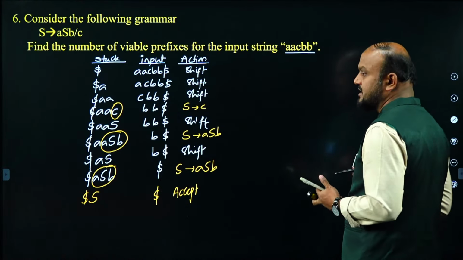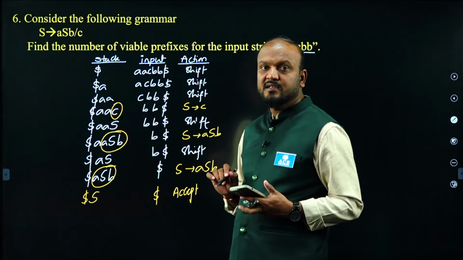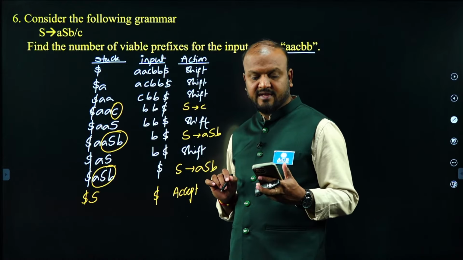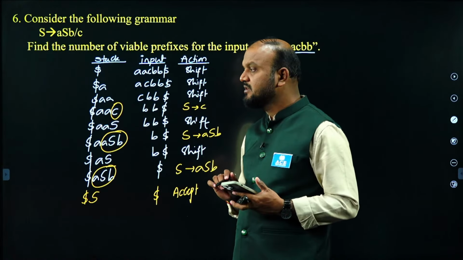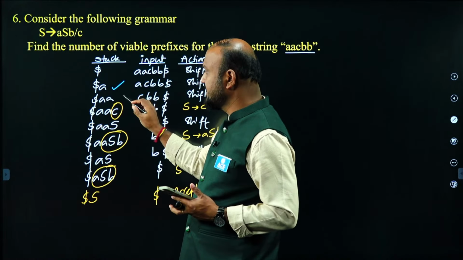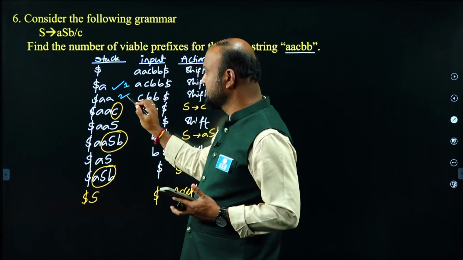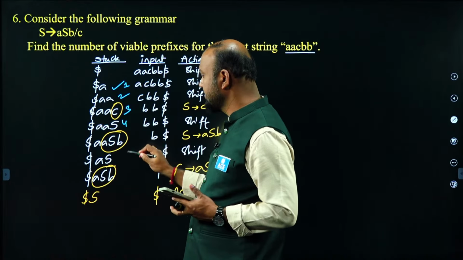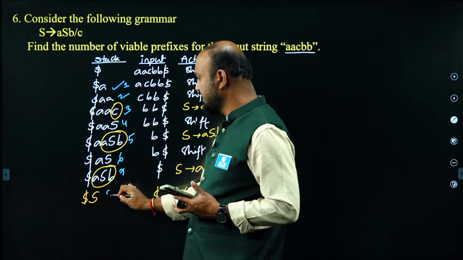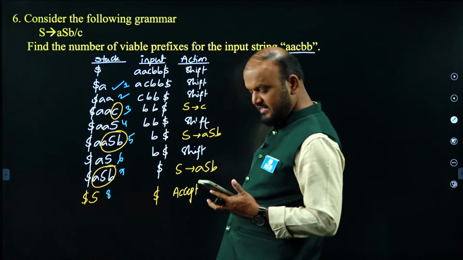Now you understand how many viable prefixes are there. These are called prefixes of a right sentential form that can appear on the stack of a shift reduce parser. What is there? A there, 1, okay, 1, 2, 3, 4, this is 5, 6, 7 and 8. So how many prefixes are there?